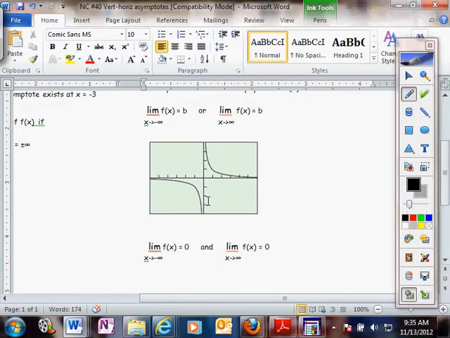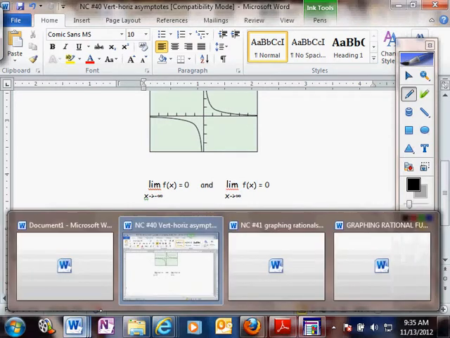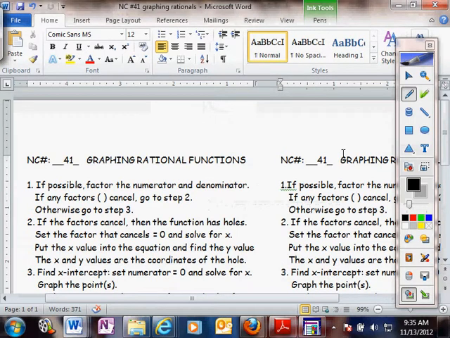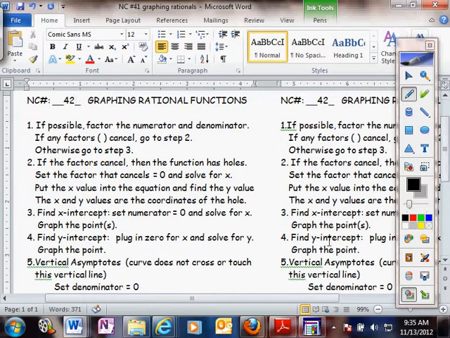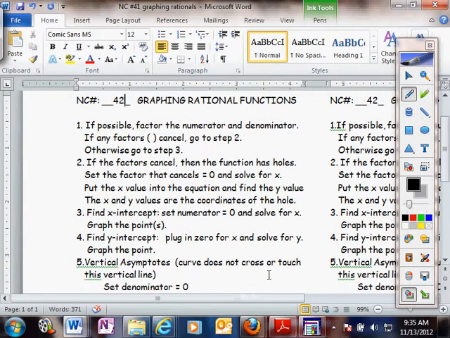Now let's move on to note card 42. I have up here 41, but it's actually 42. So this is the note card where we're going to actually look at graphing these rational functions.